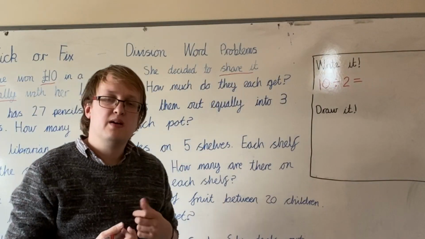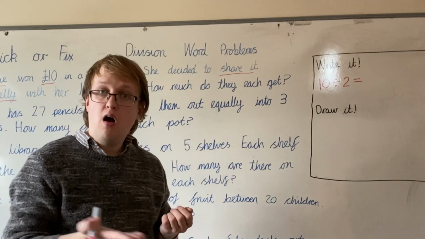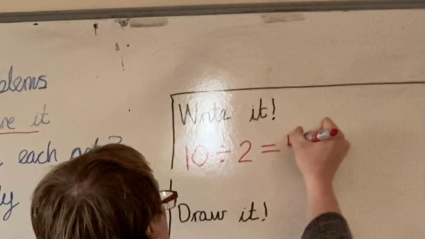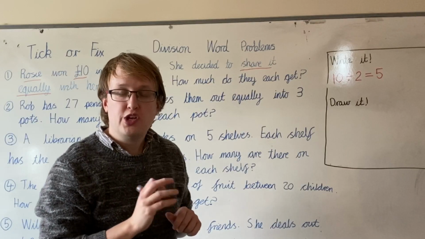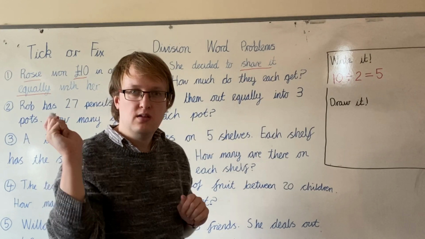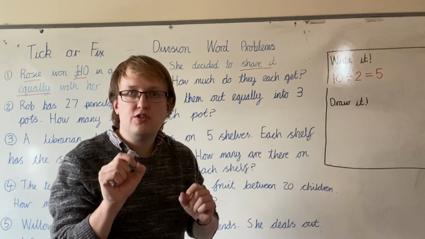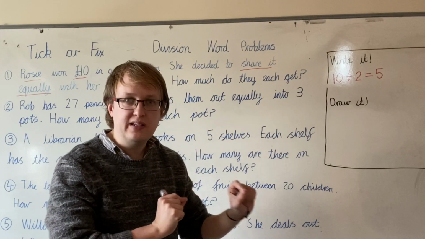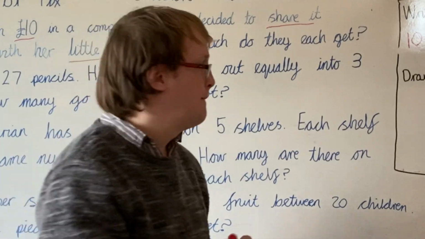What's 10 divided by 2? Well, that's the same as saying half of 10. I'm going to draw it. I'm going to draw 2 purses, a purse for Rosie and a purse for her little sister. And then I'm going to draw the pound coins that are shared out equally into each purse. And hopefully there'll be 5 in each.